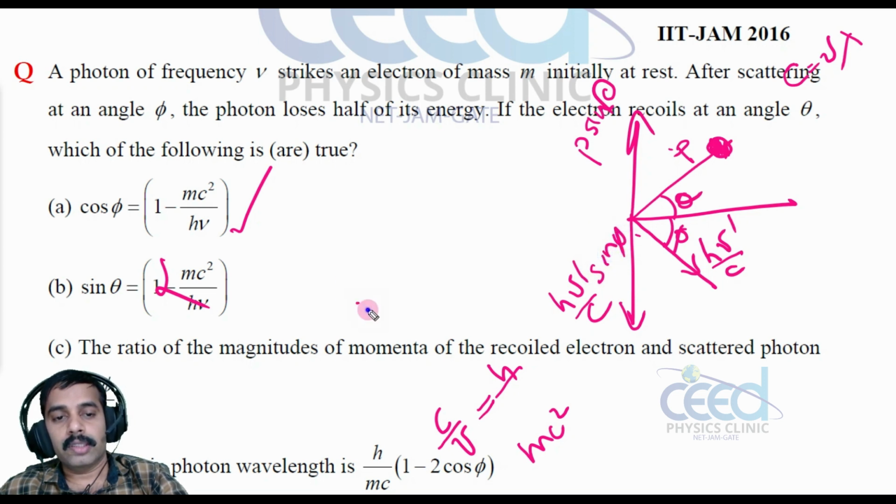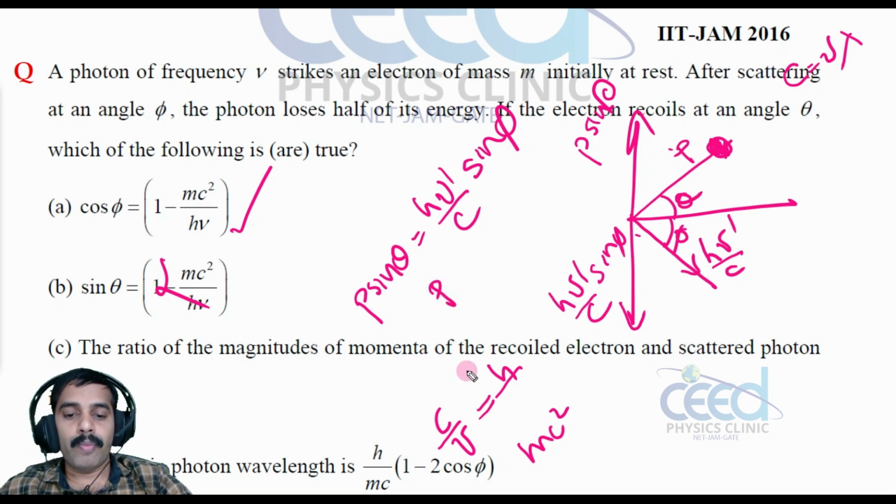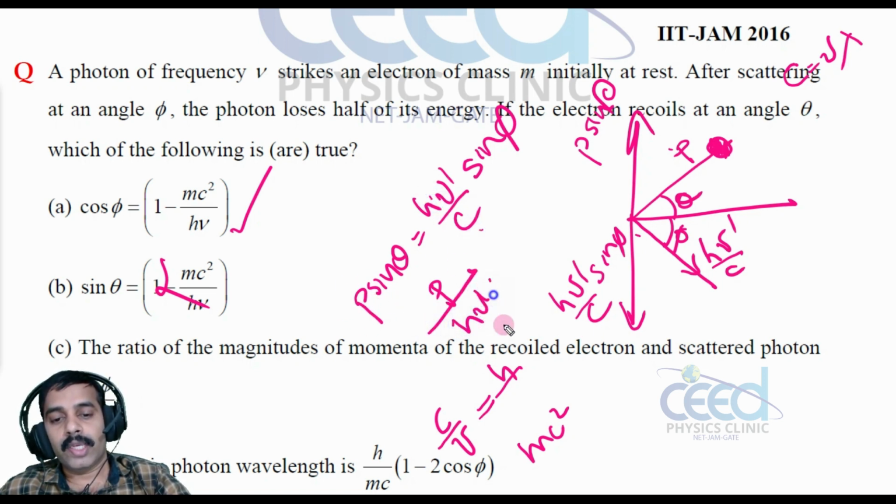Equate this: p sin theta is equal to h nu dash by c sin phi. So the magnitude of the recoiled electron momentum p, divided by the photon momentum h nu dash by c, is equal to sin phi by sin theta. So that statement is also correct.